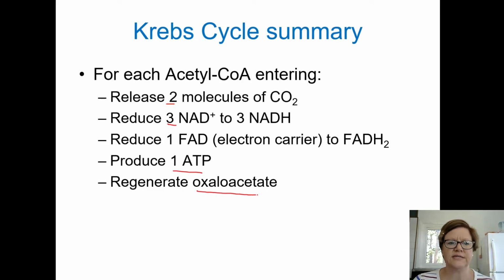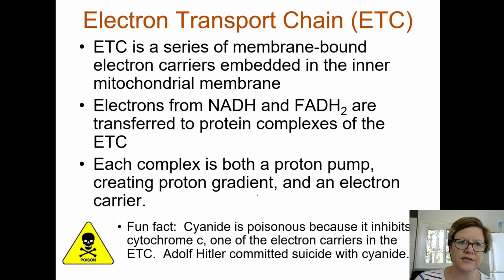But the oxaloacetate is then regenerated and the cycle can continue on and on. For as many acetyl-CoAs as there are, this cycle can continue to turn with the 9 enzyme steps.